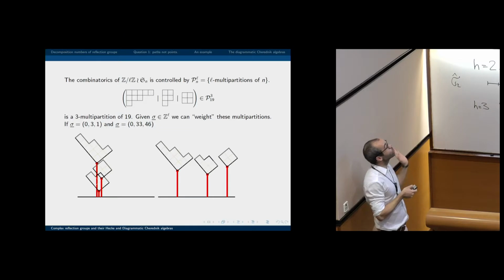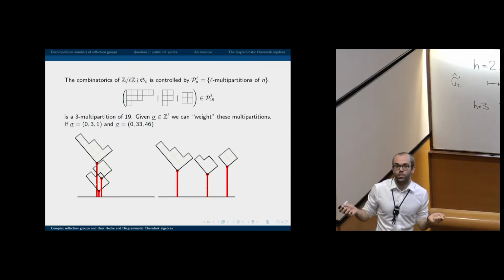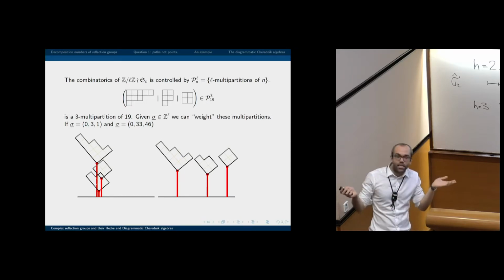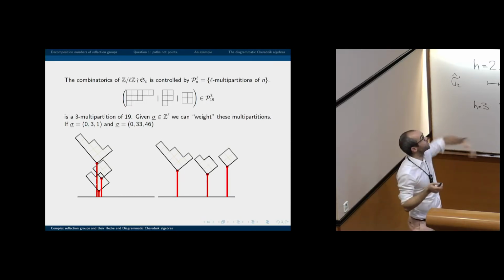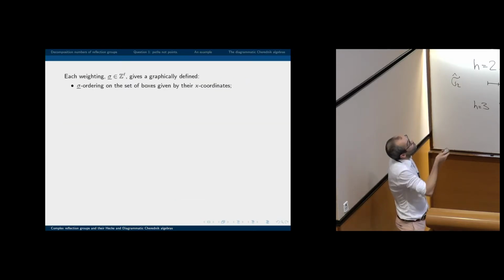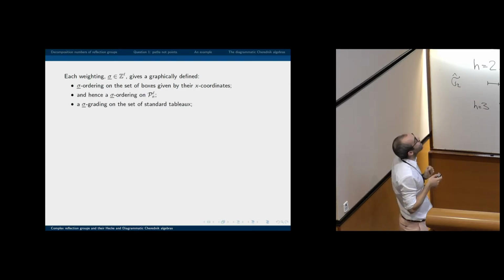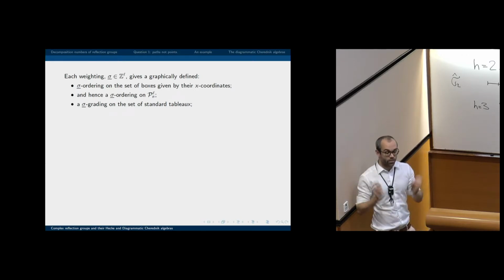And of course, if I can order the boxes in different ways, I can order the multipartitions in different ways, because I take the same ordering as on the boxes and apply it to the multipartitions. These orderings come from the x-coordinates, which keep track of this extra information sigma, rather than just its reduction mod E. I can then give a different grading according to the x-coordinates too.